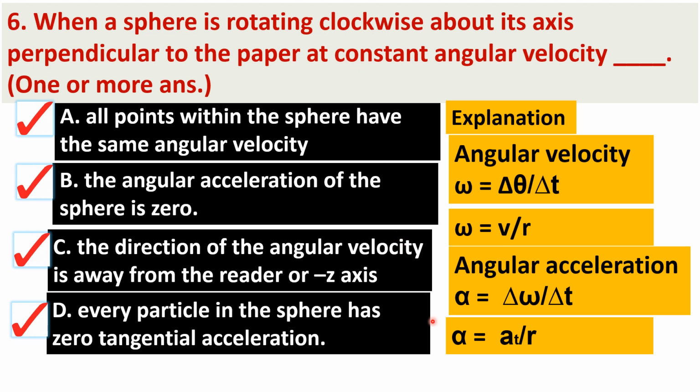I expected that some of you were quite confused, so I'm going to clarify that now. Why is letter C considered correct? If you use your right hand grip rule, the curling of your forefingers should follow the given direction of the rotation, which according to the problem is clockwise.